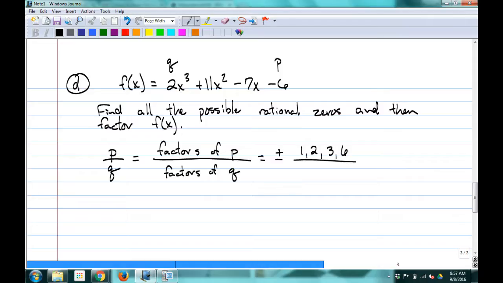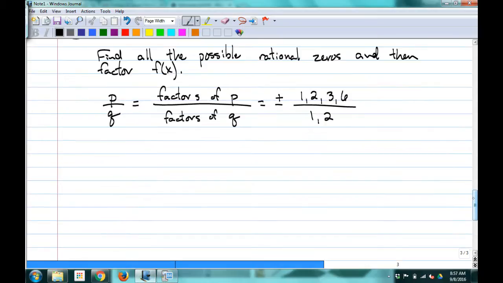And then, what are the factors of 2? 1 and 2, right? Technically, it's positive 1 and negative 1, positive 2 and negative 2. Okay. Now, what that narrows us down to is a small list of a few numbers that could be the zeros of this polynomial. So we divide each number in the numerator by 1, and then each number in the numerator by 2.